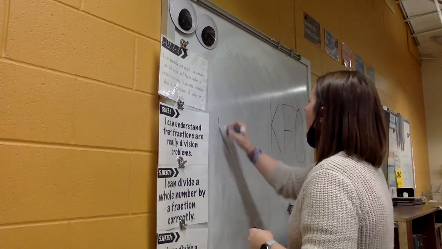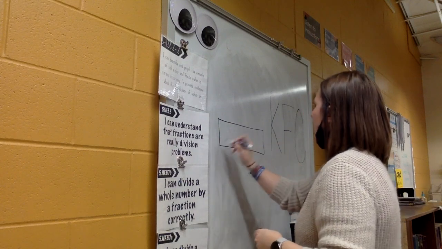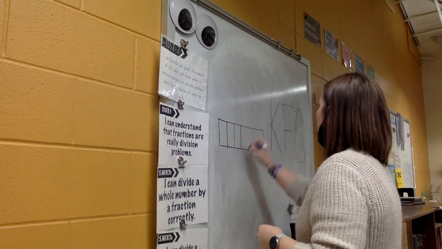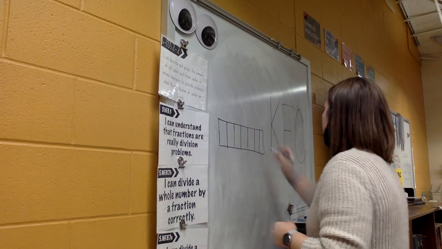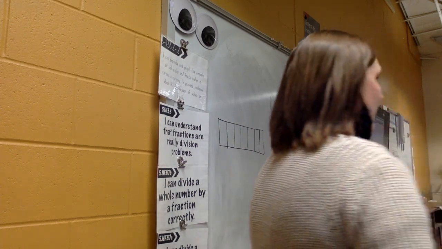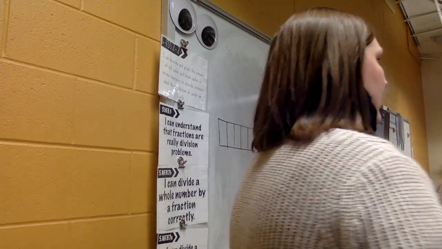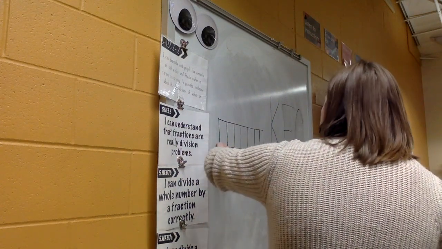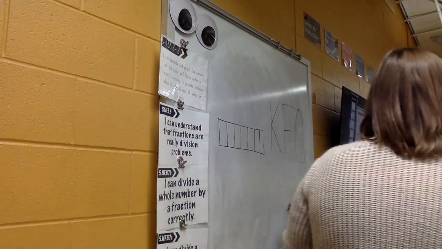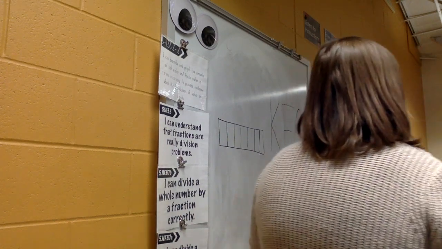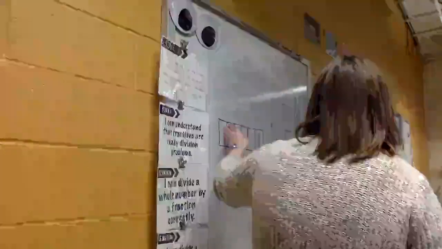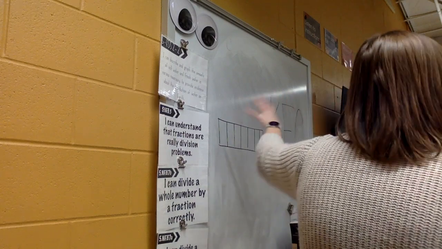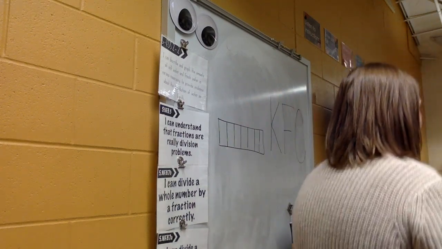So I have a box. I separated it into 7s. How many pieces do I have in that one whole box? 7, right?